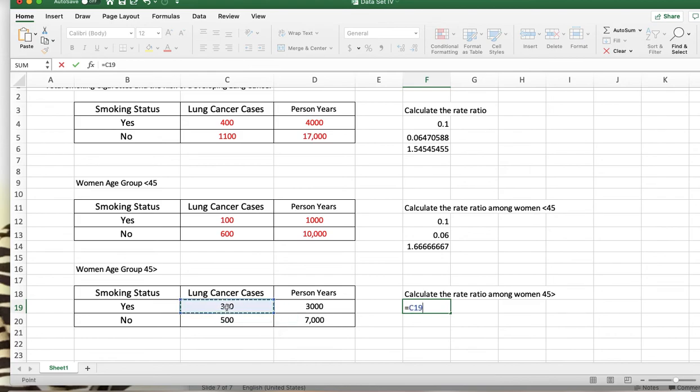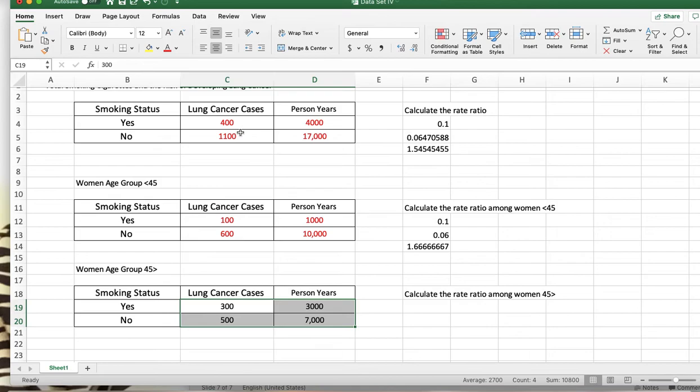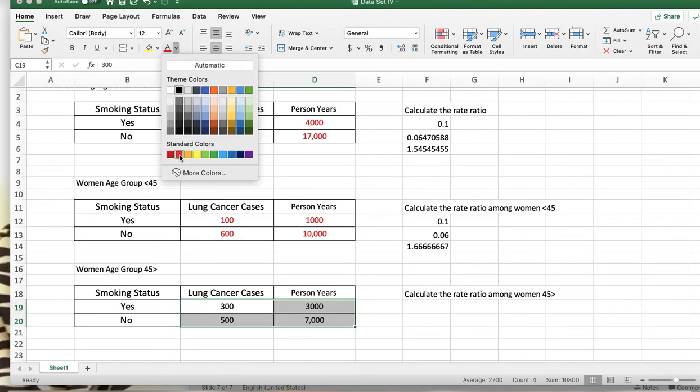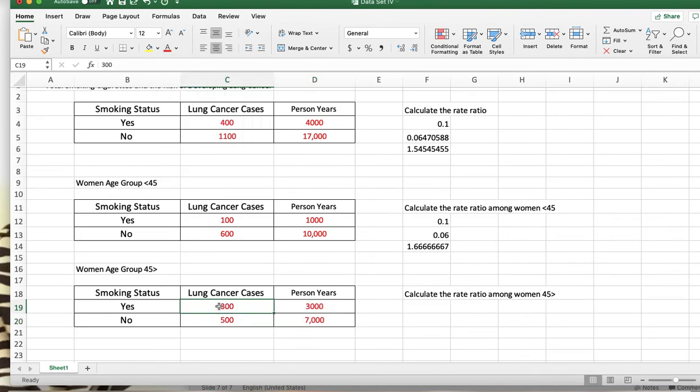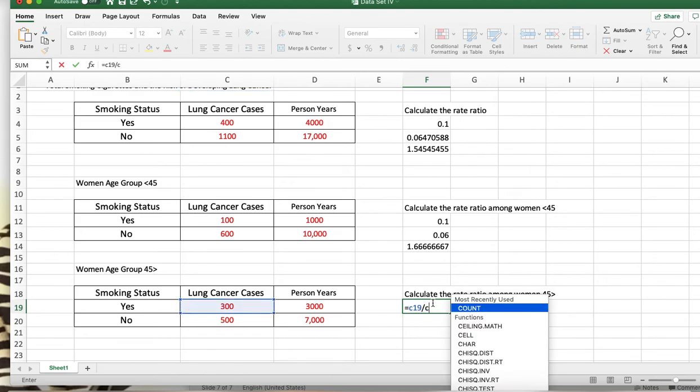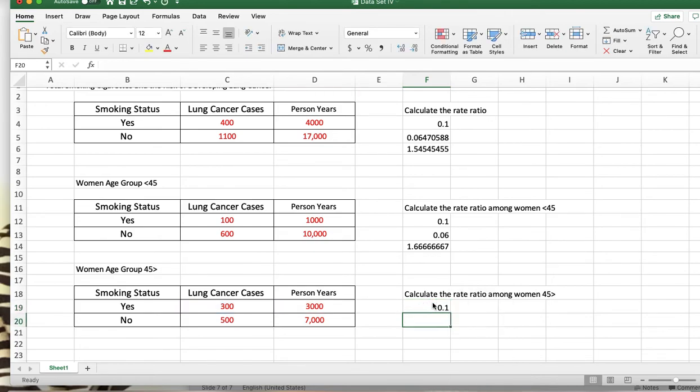We can signify these numbers with red font once again. Here we have C19 divided by D19. Okay, so that's 0.1 again. These are easy numbers to calculate with.